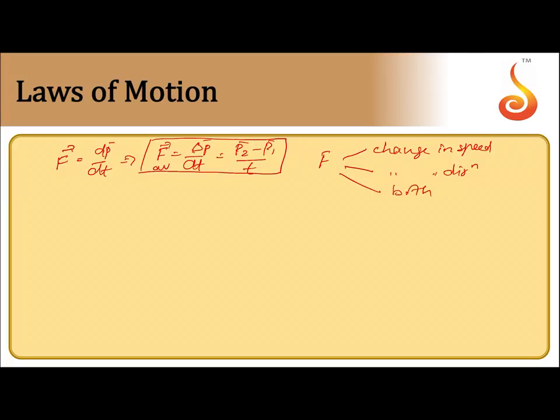Remember, the force is capable of doing any of these. If the force is parallel or anti-parallel to motion, it changes only the speed, no change in direction. If the force is acting perpendicular to the motion, then it changes just the direction, but there is no change in speed. You have come across such examples.